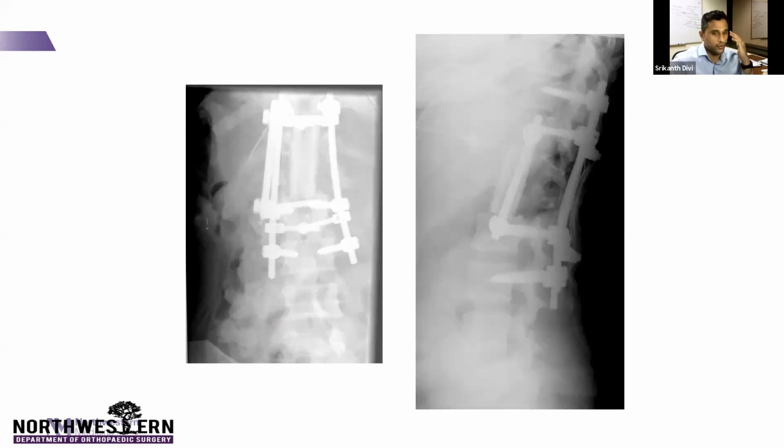The goal is to keep the alignment optimal, and why bother risking it if you're not fusing and having the alignment worsen. So I'm a proponent, but I think that's a lot of bias from fellowship training.